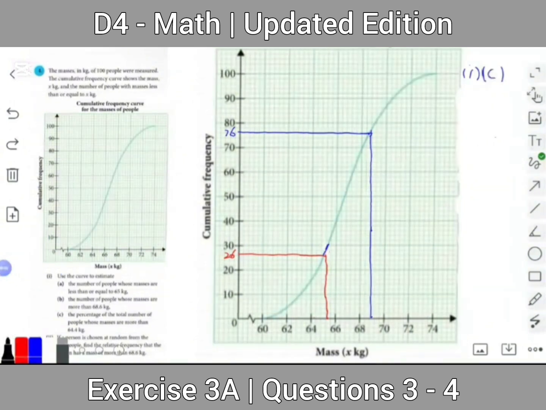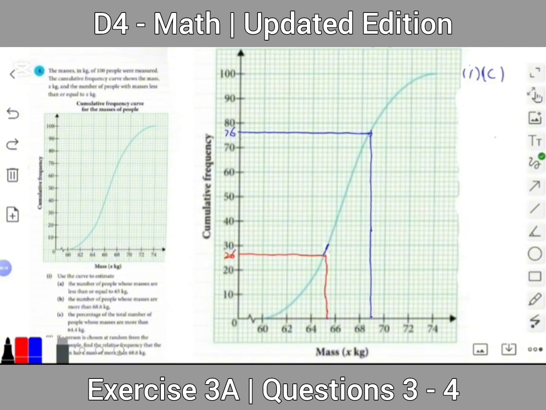Now for part 1c, we have to estimate the percentage of the total number of people whose masses are more than 64.4 kg.